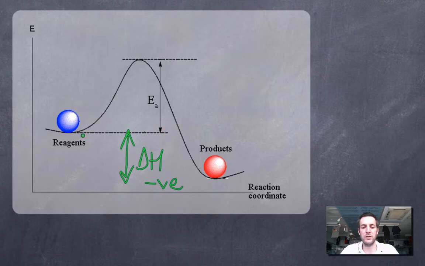But what we can also see on this energy level diagram is that there's something else marked along the way. It's like a hill that the reactants have to get over before they can get to the product. And you might wonder why, if you've got reactants that are less stable than your products, they don't automatically just turn into those products in all cases.